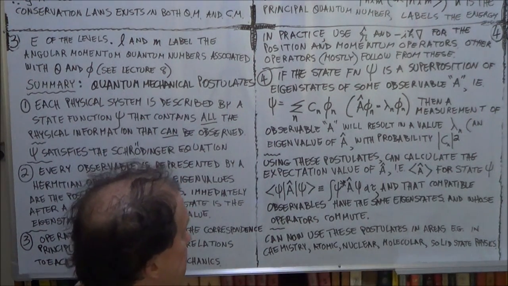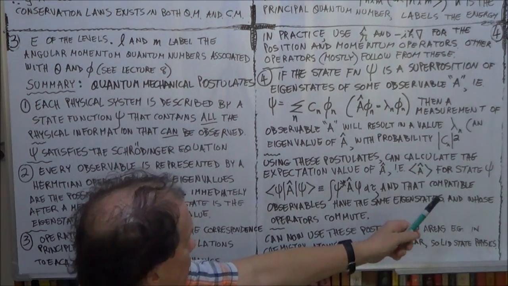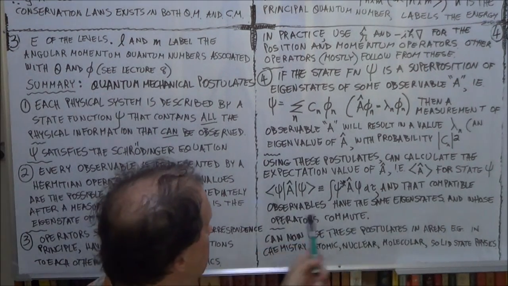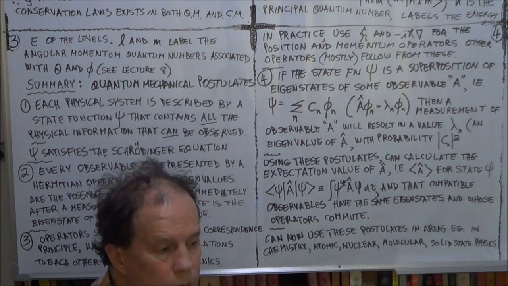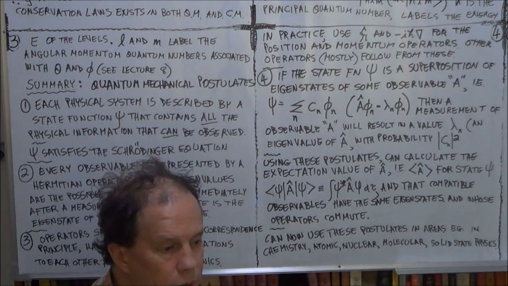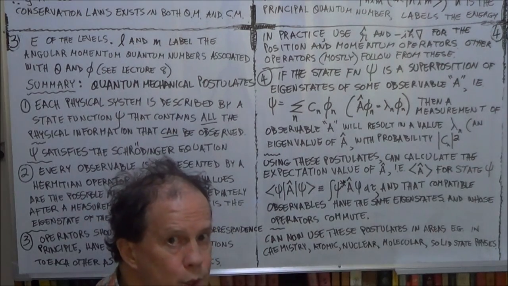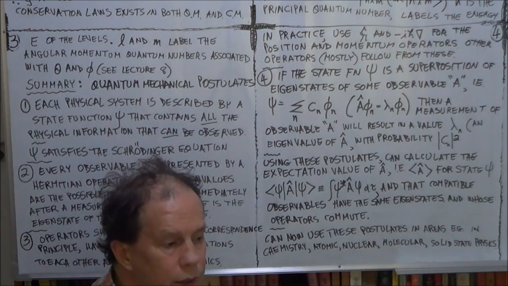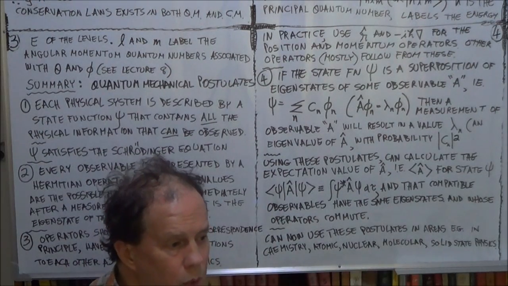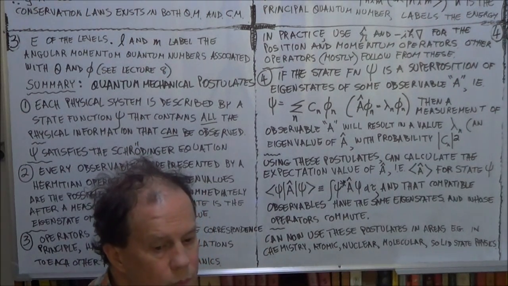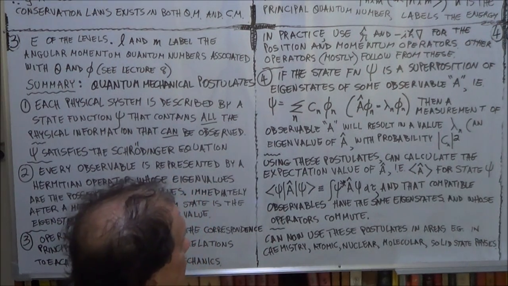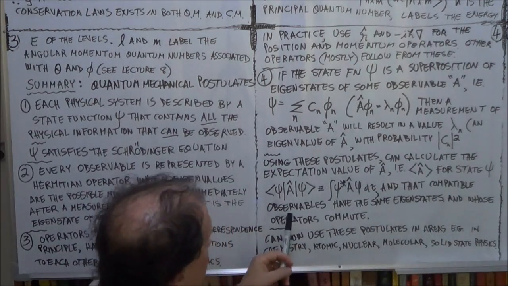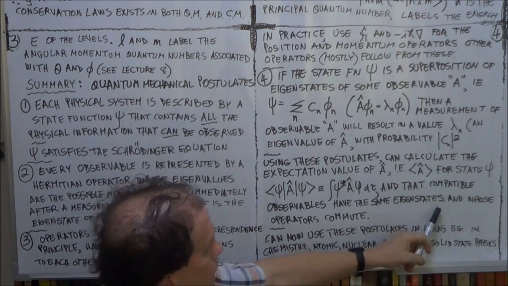Alright, what else does it say? The notion of compatible observables. Compatible meaning that you can measure both observables, A and B, to infinite accuracy simultaneously. Right? If you measure one, it does not disturb the other, and vice versa. Okay? And if two observables are compatible, then they have the same eigenstates.